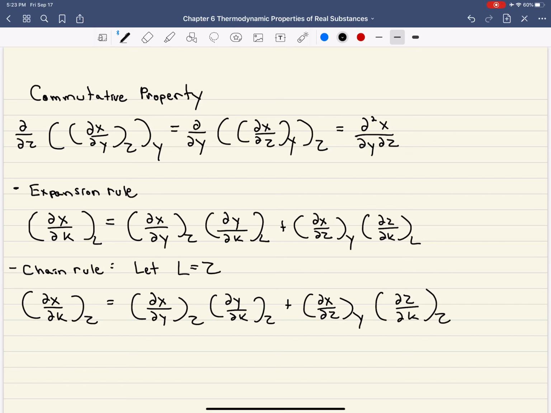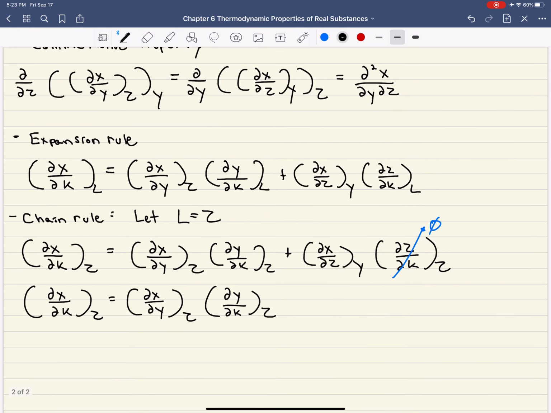But once again, we have dz dk at constant z. That is equal to 0 because we're taking the derivative of a constant. And so what we're left with is dx dk at constant z is equal to dx dy at constant z, dy dk at constant z.